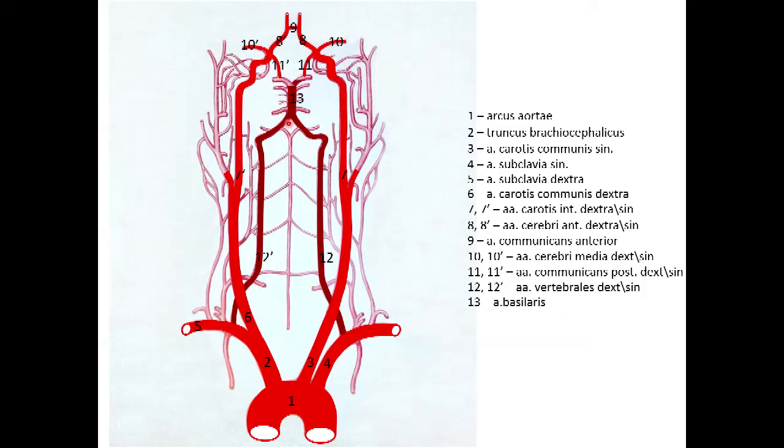Number 13 is arteria basilaris, and arteria basilaris divides into 2. Number 14, arteria cerebri posterior dextra and sinistra.